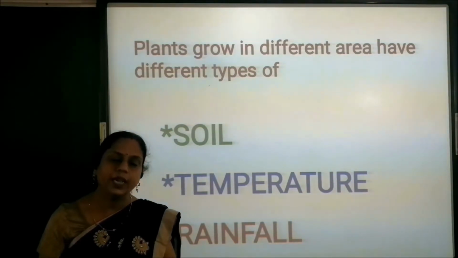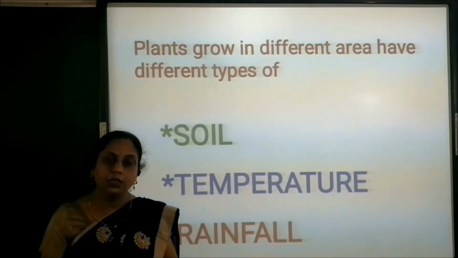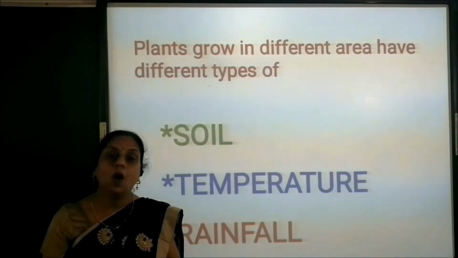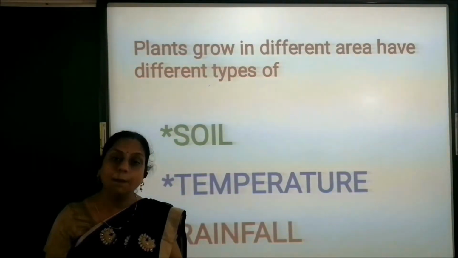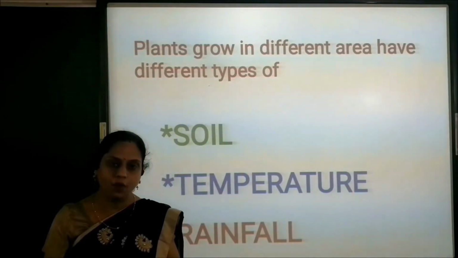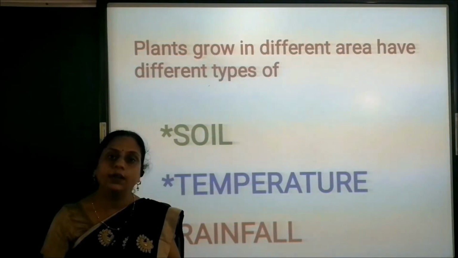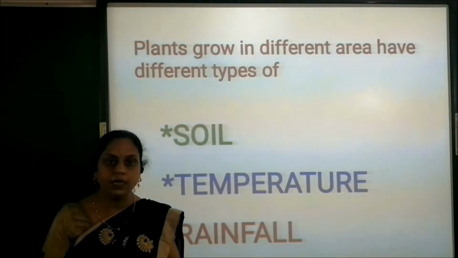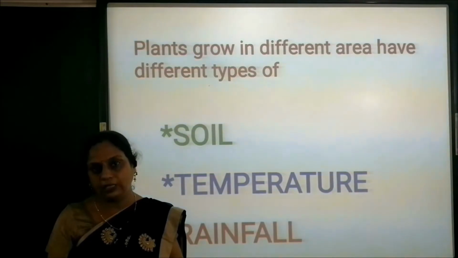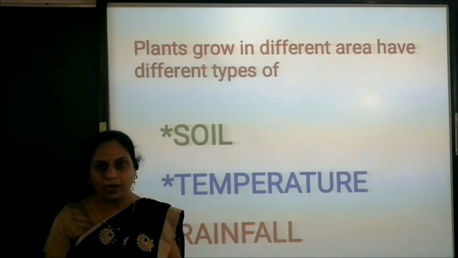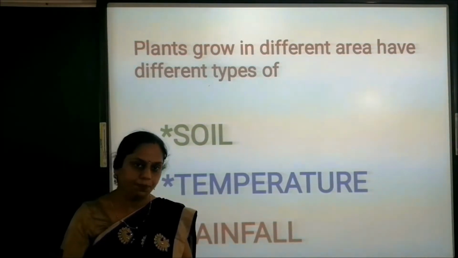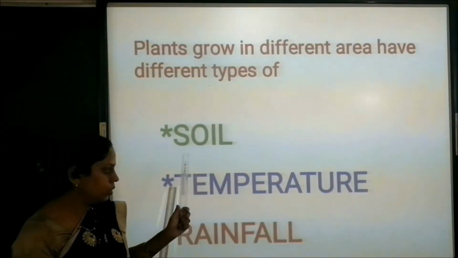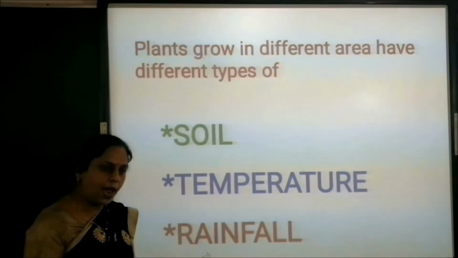Some grow in clay soil. Some require a moderate climate to grow. Some need a hot climate. Some plants grow in heavy rainfall. Some plants require very little rainfall. So, different plants have different features. That's why all the plants are not the same. They are different because they have different types of soil, temperature and rainfall.